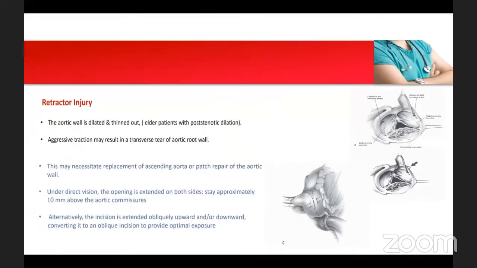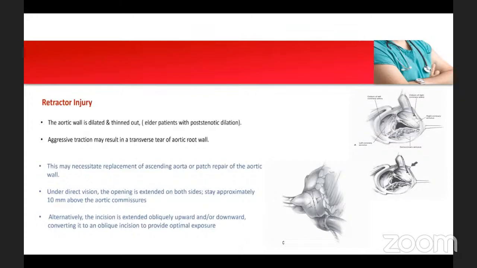We need to be careful while introducing it to avoid injury, which can happen if the aortic wall is dilated and thinned out, usually in elderly patients with severe aortic stenosis and post-stenotic dilatation of the aortic root. Aggressive traction may result in a transverse tear of the aortic root wall as well.